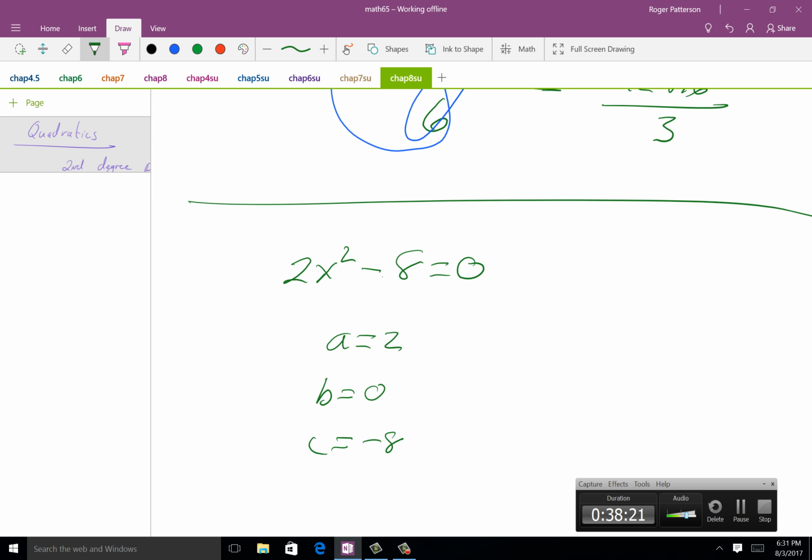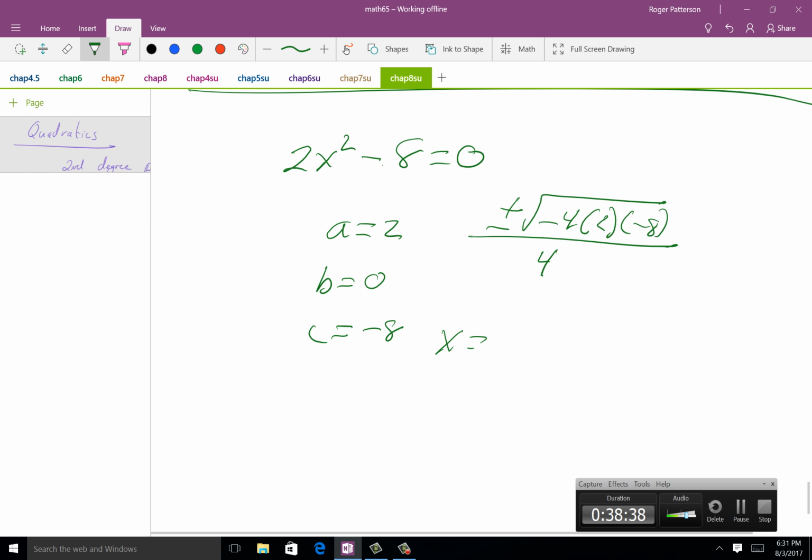Since they don't have an x, b is going to be 0. So here we go. I don't have a negative 0, so there's nothing to write there. Okay. B squared is 0, so I don't have a whole lot to write there. I have 4 times 2 times a negative 8.